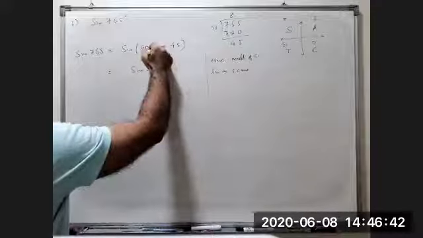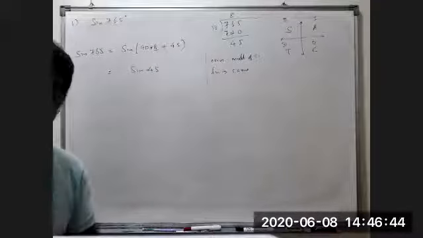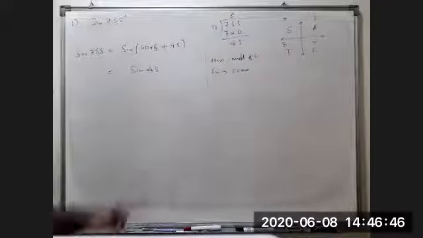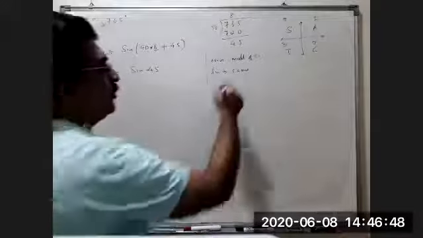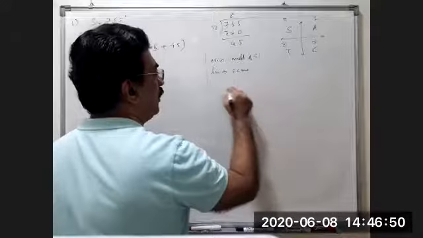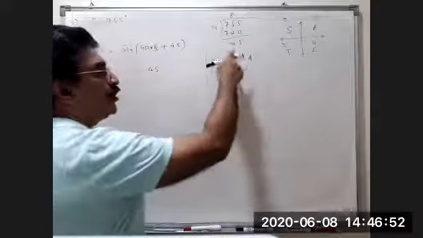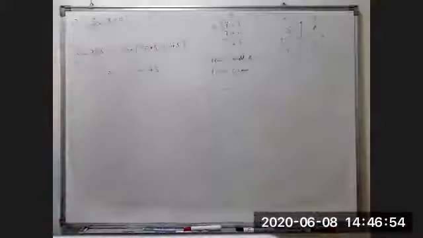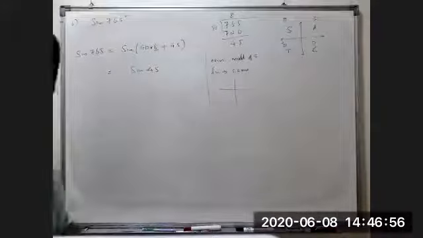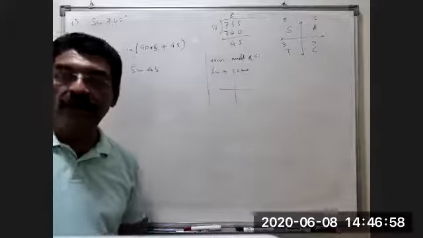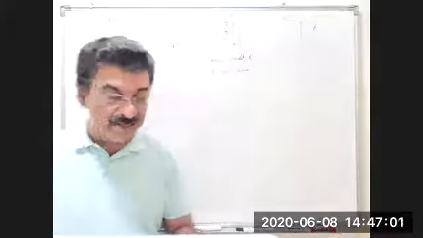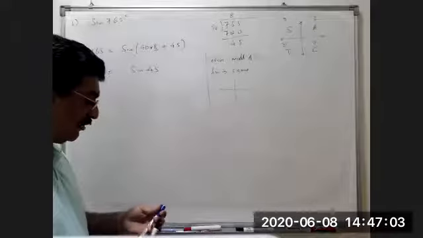This is what we discussed yesterday: if it is an even multiple, the function remains the same. Now we have to put the sign. If we multiply 90 by 8 times, where is the terminal ray?